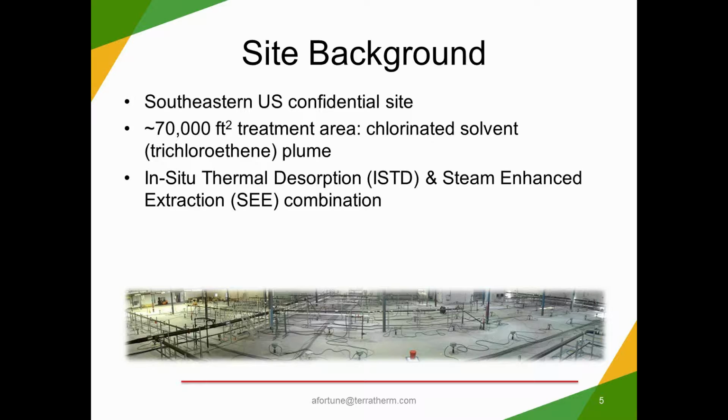This was a combination site where we were both implementing in-situ thermal desorption or conductive heating technology combined with steam-enhanced extraction in certain areas of permeable geology. The treatment area consisted of approximately 35 multi-phase extraction wells and horizontal vacuum extracted wells. The contamination was to an average depth of about 41 feet below ground surface.